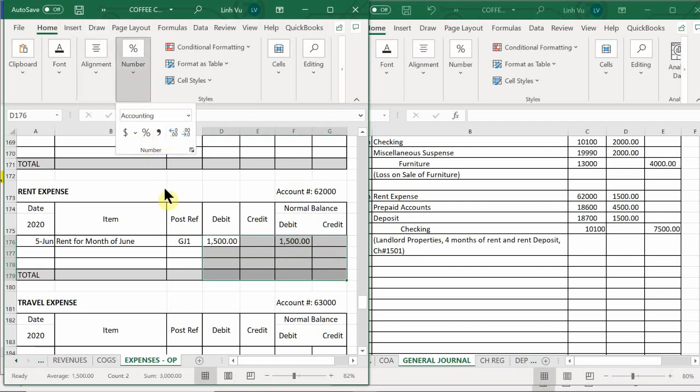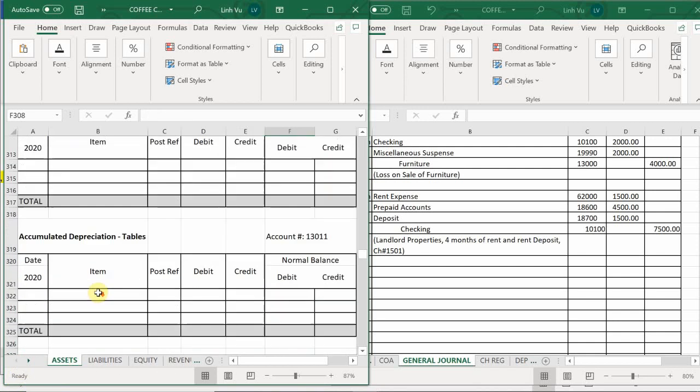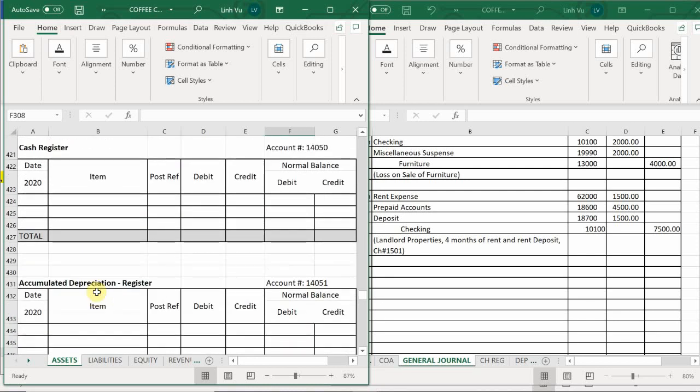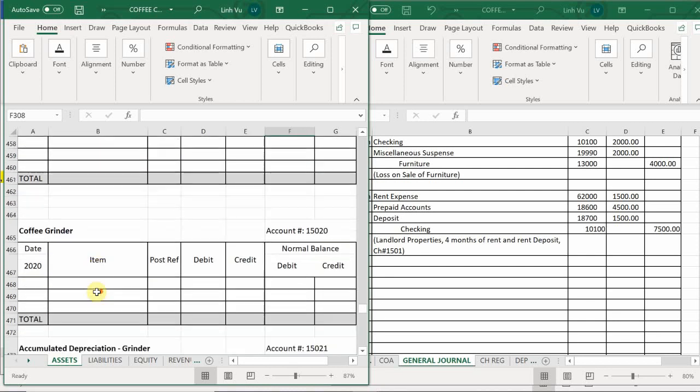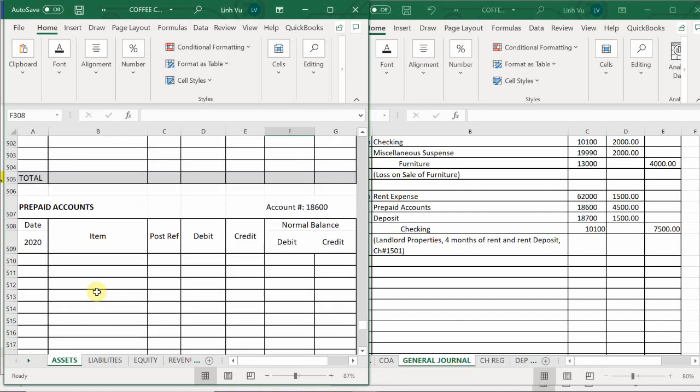So what account is next? We have the asset, prepaid accounts. I do need to scroll all the way down until I find prepaid accounts. There you go. Now what am I going to write here on June 5th?